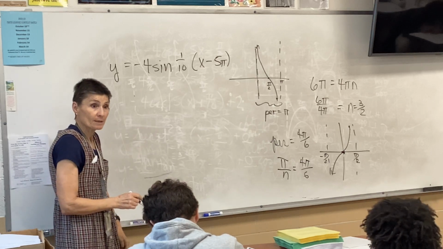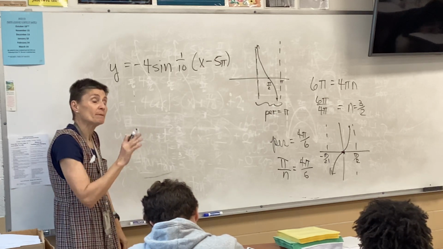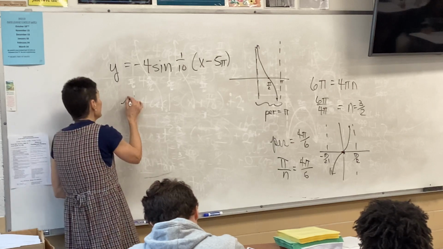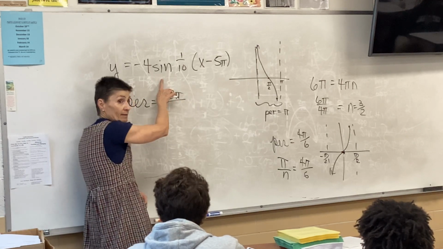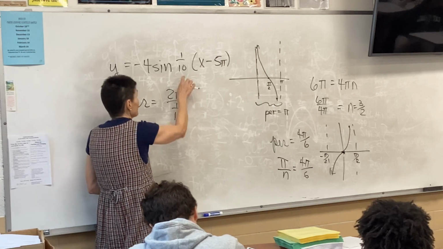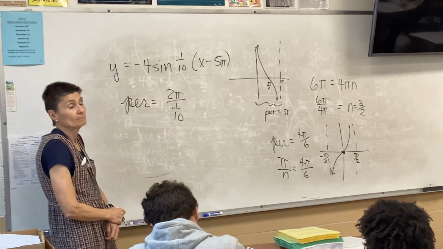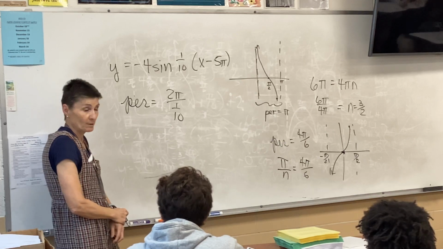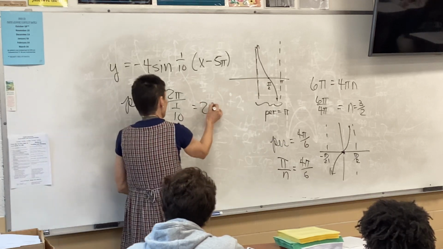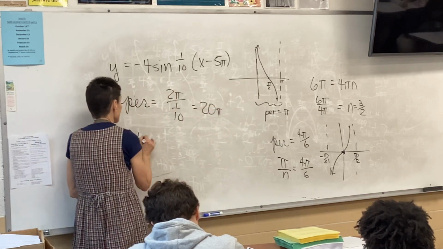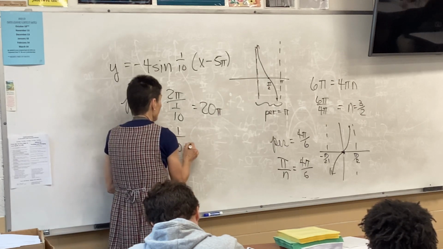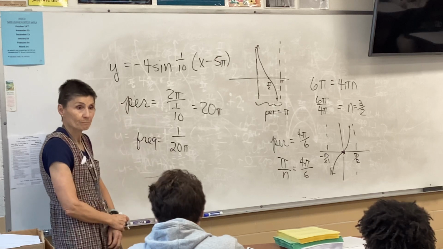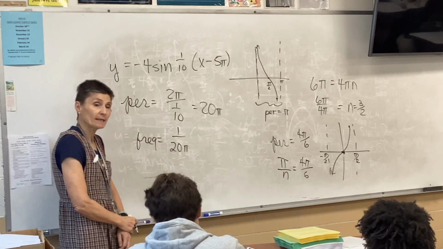Well, how do I find period? Period is 2 pi for a sine divided by this coefficient. So it's 1 over 10, so the period is 20 pi, which means the frequency is 1 over 20 pi. There we go.